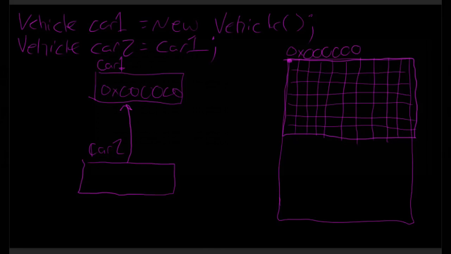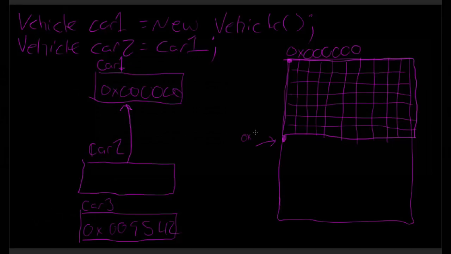So now what we've done is we've created a vehicle car3, and I'm not going to just pretend I wrote the thing up there, but now we have a vehicle car3, and we'll just say its location is maybe 0x009542, and we'll just pretend that's this location right here.